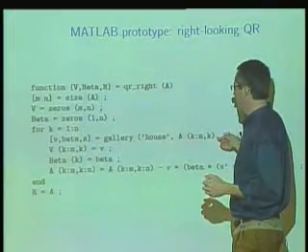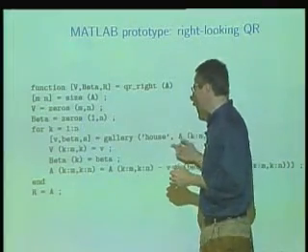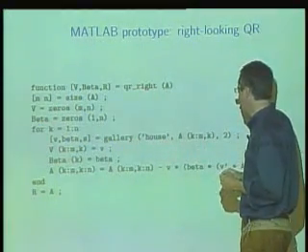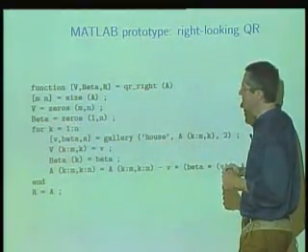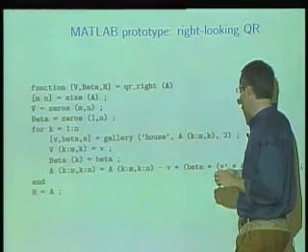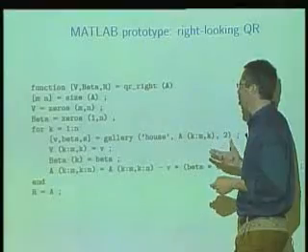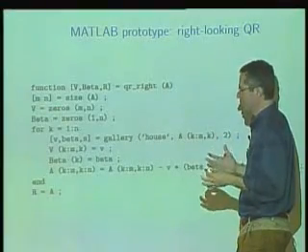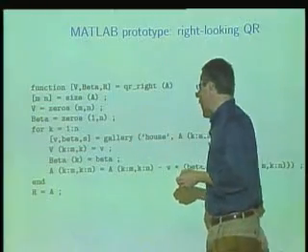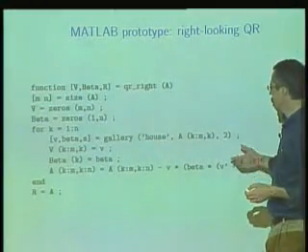There's a MATLAB function, oddly enough, inside the gallery. I don't know why they did this, but you can write your own Householder reflection in MATLAB. It's pretty straightforward. But there is a way of computing a Householder reflection inside the MATLAB gallery function, and so that's what I've used here.